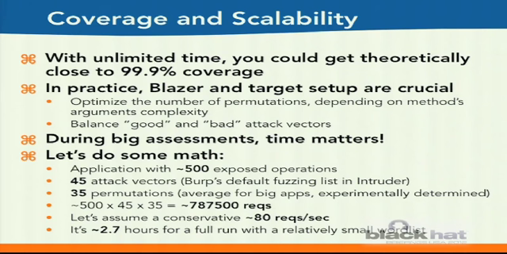So if the data pool is properly personalized and customized for the application, and we iterate this as many times as required, depending on the application complexity, we will be able to automatically generate valid objects and then valid AMF messages for all exposed methods. But this is obviously a matter of customizing Blazor in a proper way, choosing the proper number of permutations, and balancing the good and bad actor vectors.